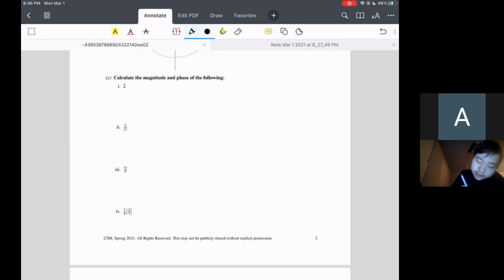Let's say I have a complex number z equals a plus bj expressed in rectangular form, then the magnitude of the complex number, or its norm, would just be the square root of a squared plus b squared. Okay, and the phase, which we'll express in this notation, or its angle, would just then be arctangent of b over a. Okay, so basically we're just going to plug in the formulas.